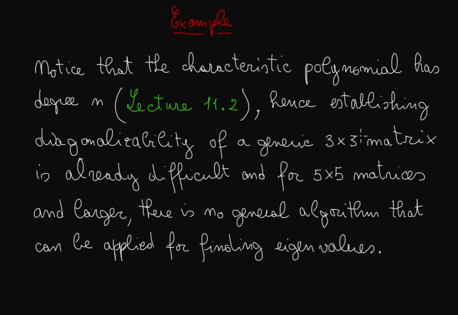So somehow one of the roots should appear obvious in the polynomial, and then one may divide by x minus that root and factor the degree 3 polynomial as a product of x minus the root times a degree 2 polynomial, which can be easily factored. Let's see a specific example of this.